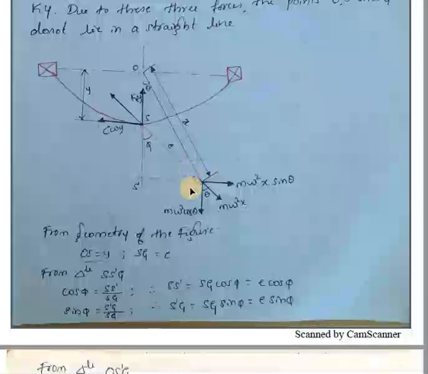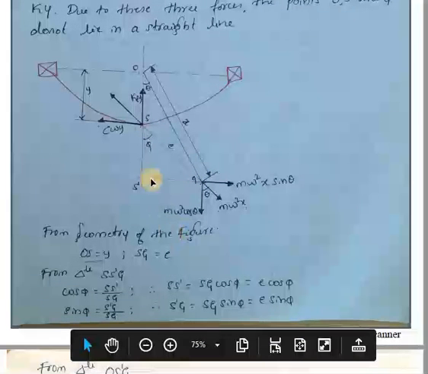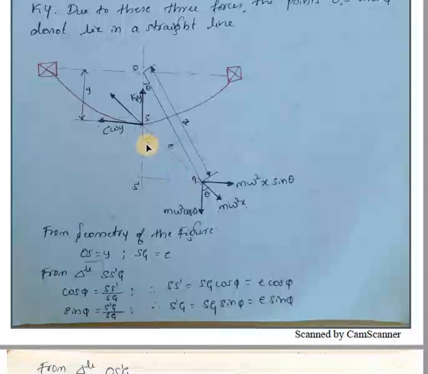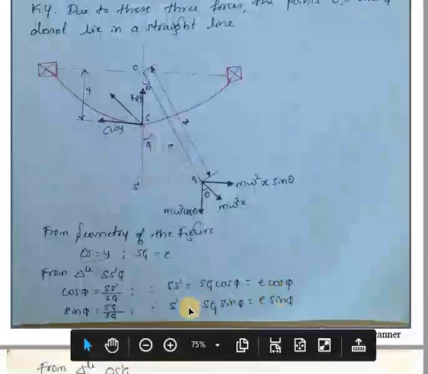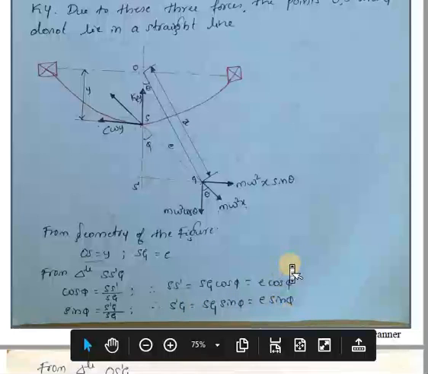Now from the triangle S'SG, we can write cos phi as SS' divided by SG, and similarly sin phi as S'G divided by SG, where SG is e. So SS' equals e cos phi, and S'G equals e sin phi.